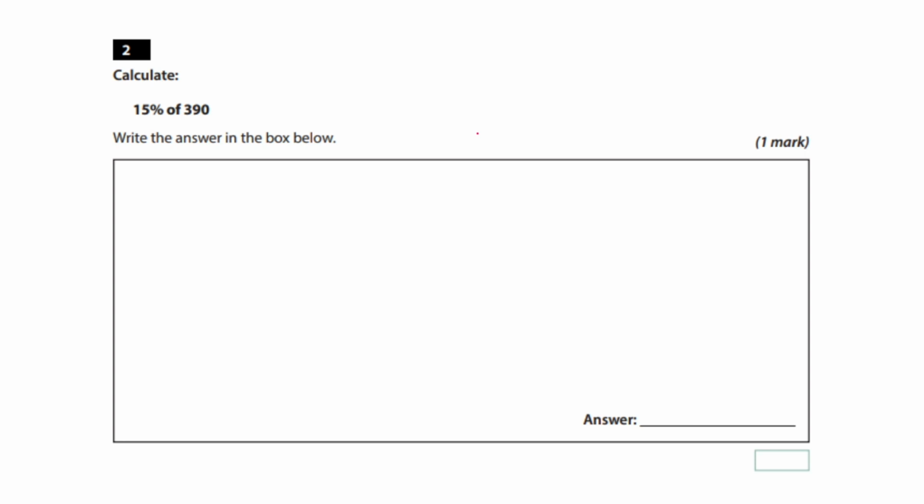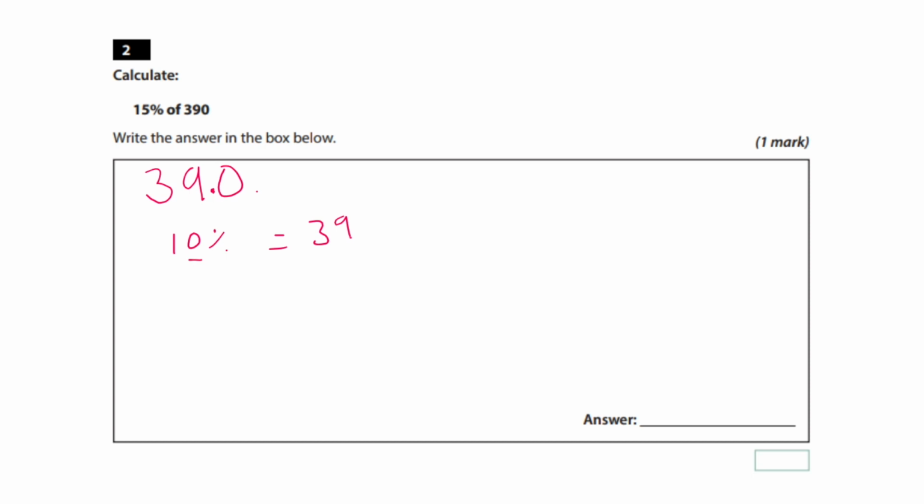I'll just show you. 390. 10% has a 1 0, so we just have to divide 390 by 10, which would mean just bouncing that decimal point from here to here, once, because it's 1 0. So 10% equals 39.